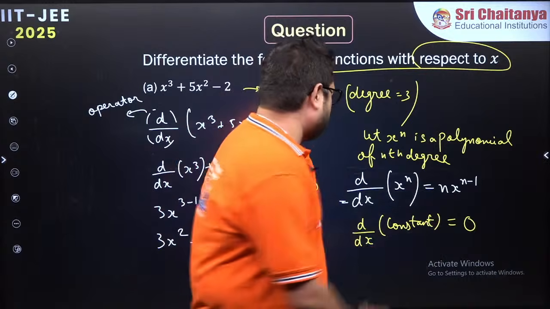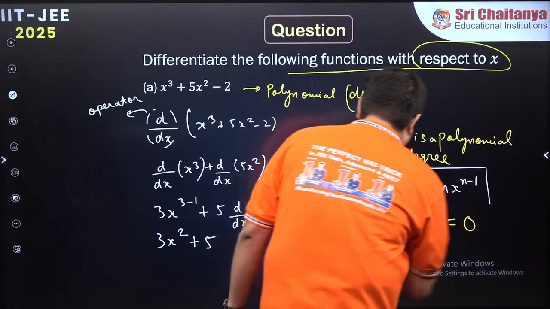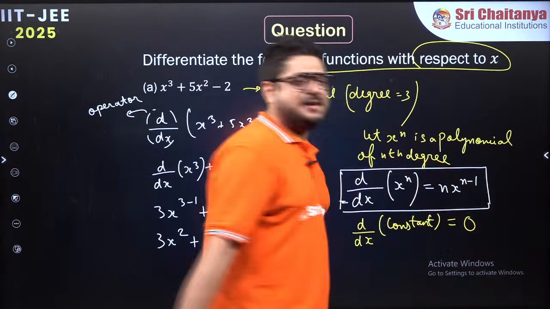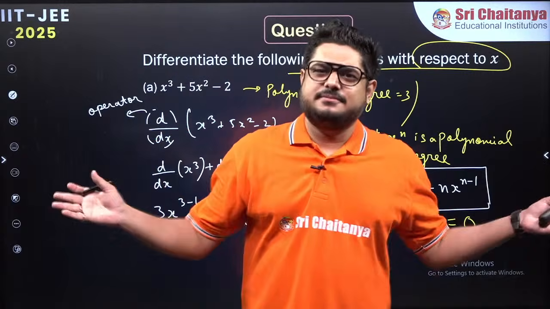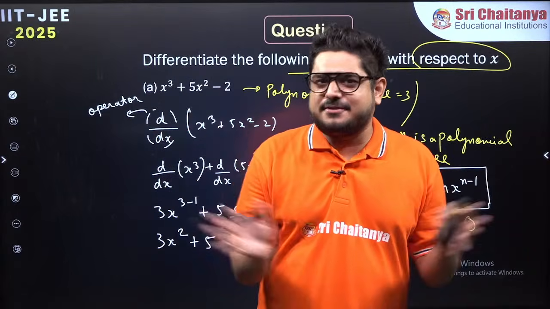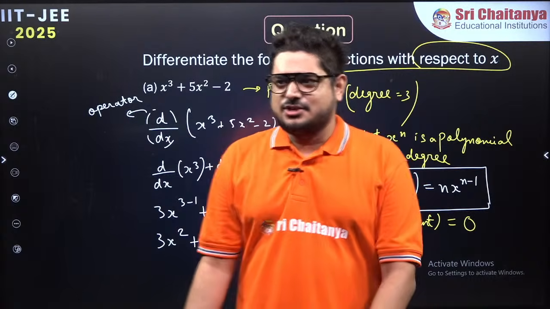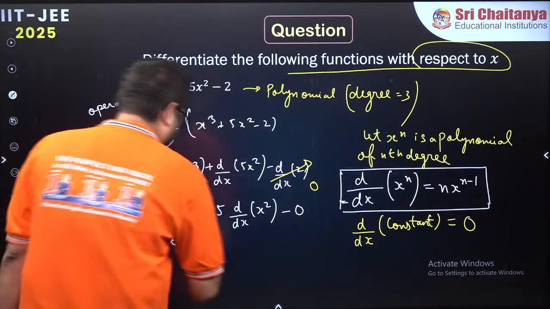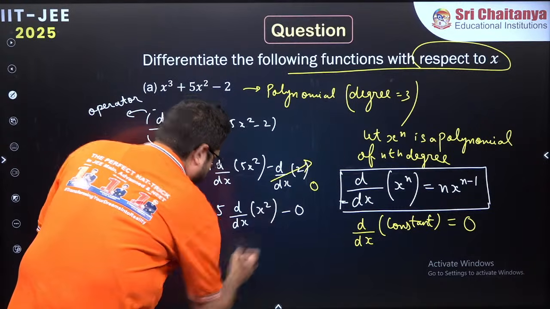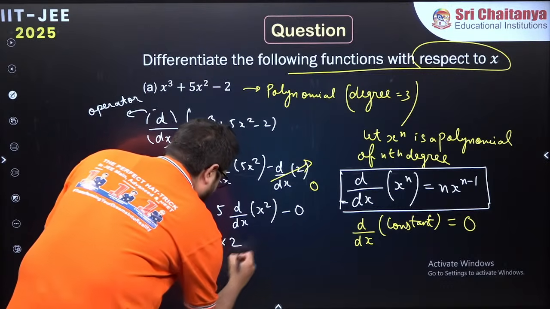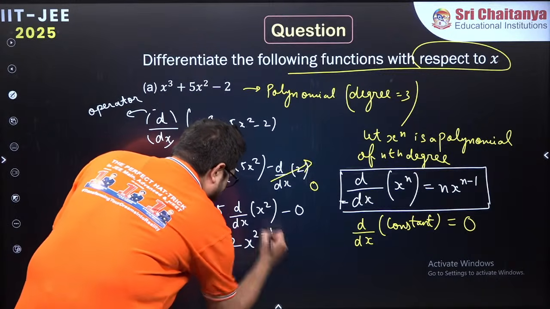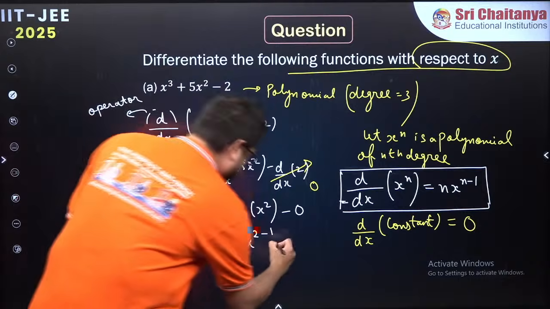This you need to recall forever, because d by dt of t square, d by dt of t, you will be using this forever throughout your physics curriculum, isn't it everyone? So I can write it down, n is 2 over here, so 5 into 2 into x to the power 2 minus 1 minus 0.